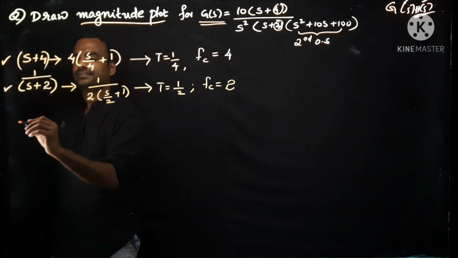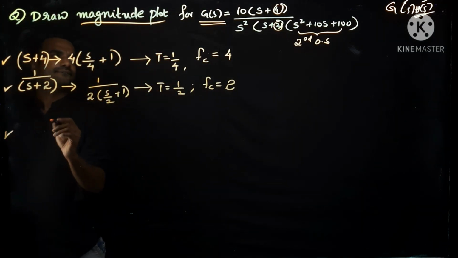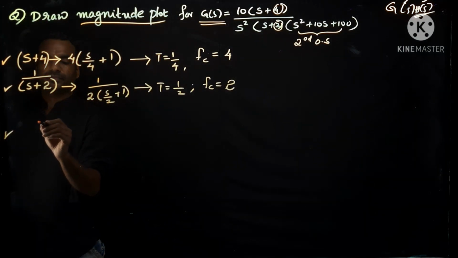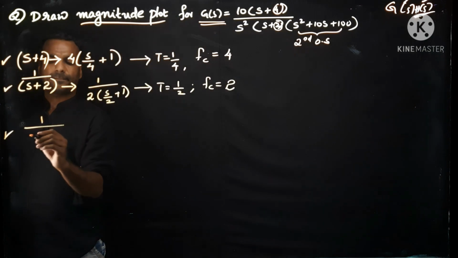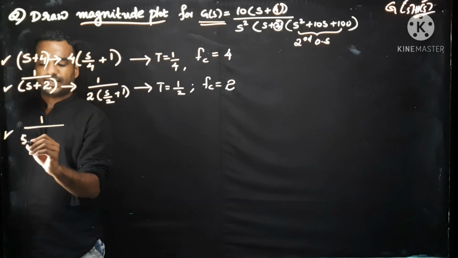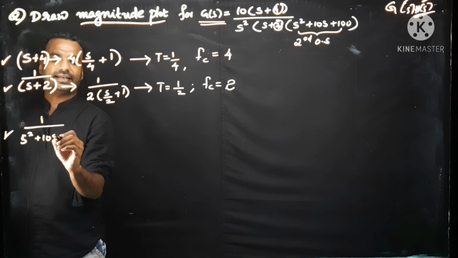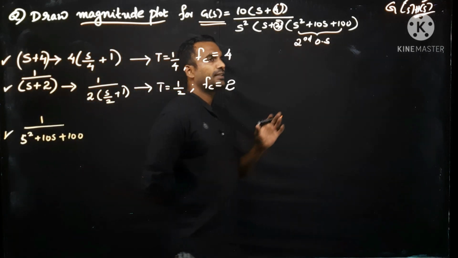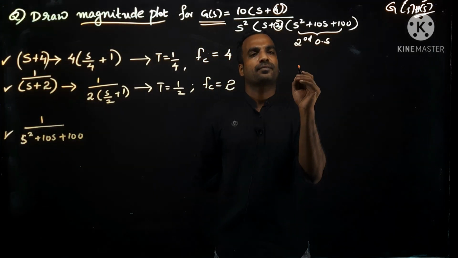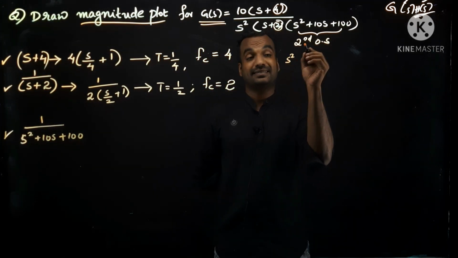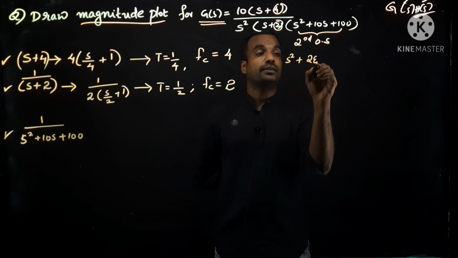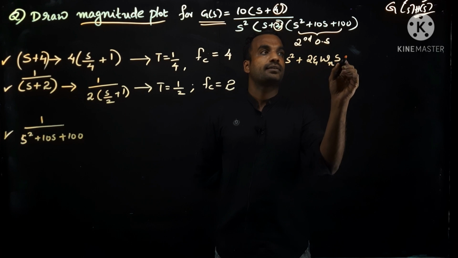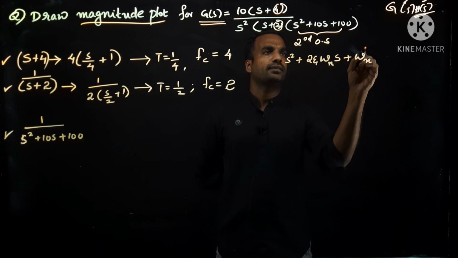Okay. And the next term I have to arrange is s square plus 10s plus 100. So everybody knows the standard representation: s square plus 2 eta omega n s plus omega n square.